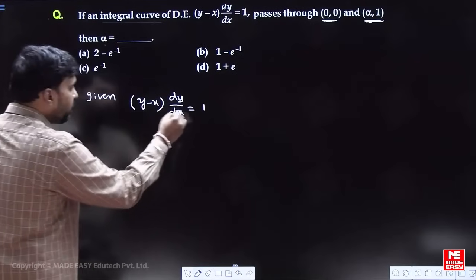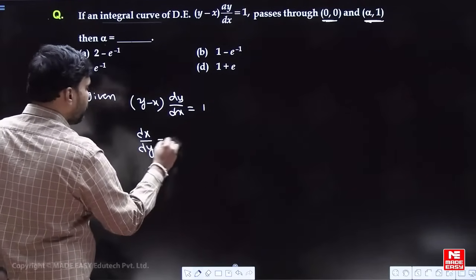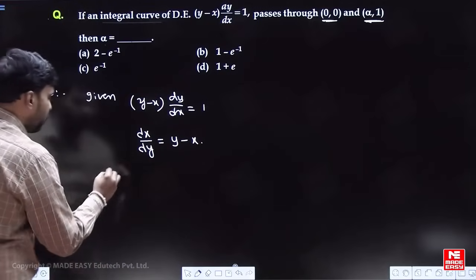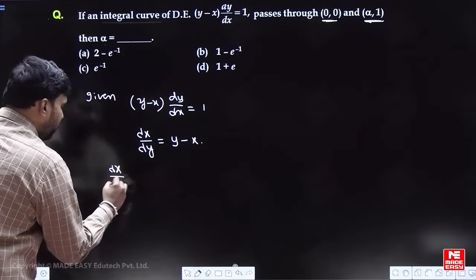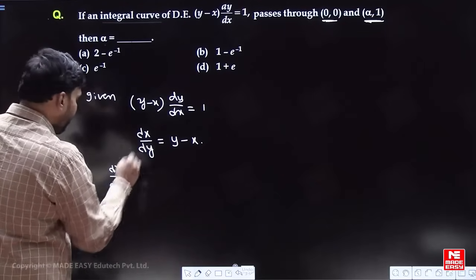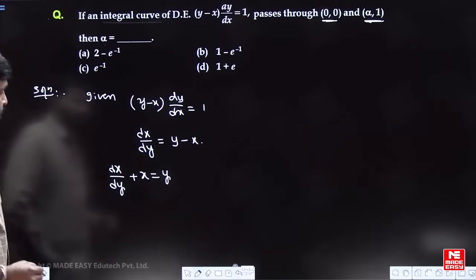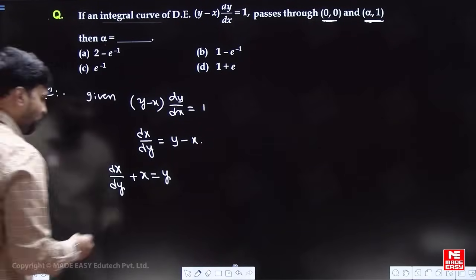For solving this, we can take the other equation, dx by dy, it is y minus x here. So this can be written as dx by dy plus x is equal to y here.